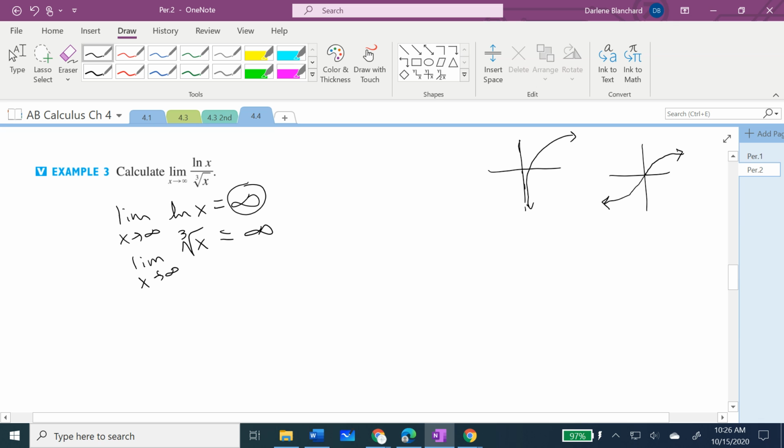So this means I'm allowed to L'Hopital. So here we go. Seat belts on. Limit as x approaches infinity of the function we began with is equal to the limit as x approaches infinity of derivative and derivative.